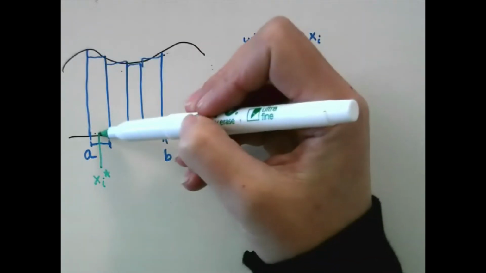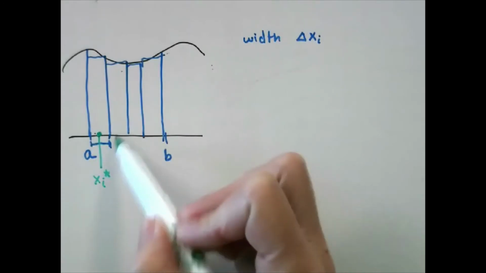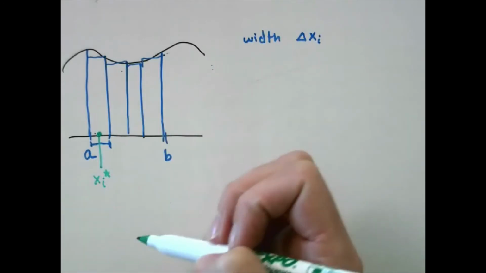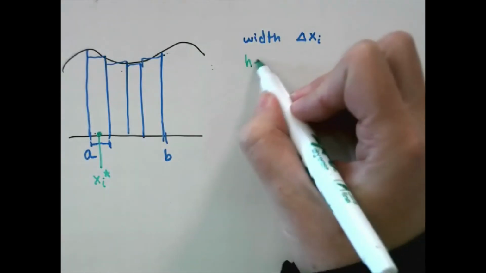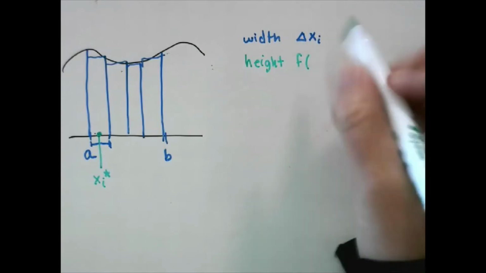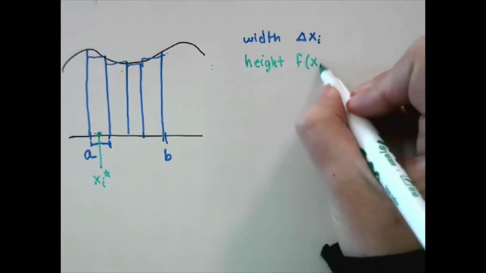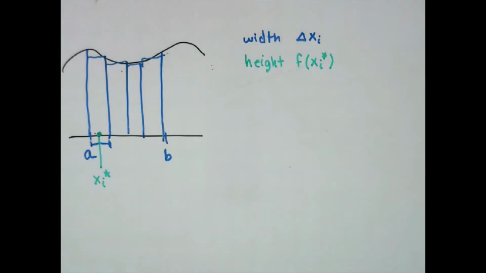Again, some of this notation's a little funky. Okay, so we're going to pick some point in each of these intervals called xi star, and then evaluate. So the height is going to be the function evaluated at this mystery xi star. And then we're going to add all of those up.